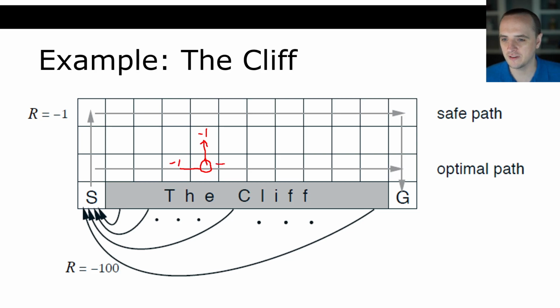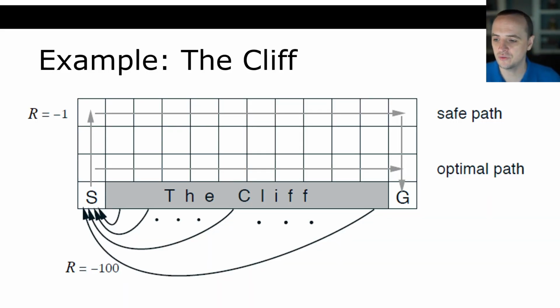If I go right, I get a -1. But if I chose to go down from here, I step onto the cliff and I get a -100 reward and I go back to the start. So it's obviously very bad to go onto the cliff. Let me delete these annotations. I do not want to step onto the cliff.